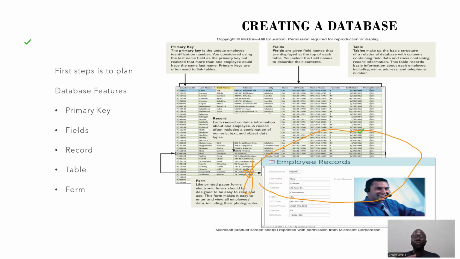So this is the word, the basic features of a database. Okay. Please remember, you can always drop a question, contact me for further clarity in case you're missing out anything.